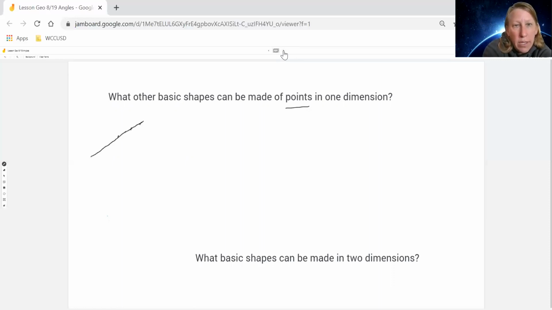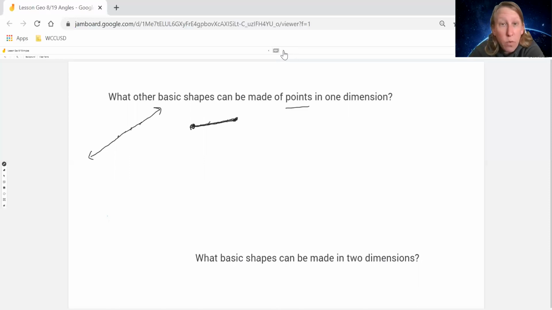Good. Make a line. What's part of a line? Yeah, that's the one we talked about yesterday, a line segment. So line segments have two endpoints. Any other shapes made in one dimension?